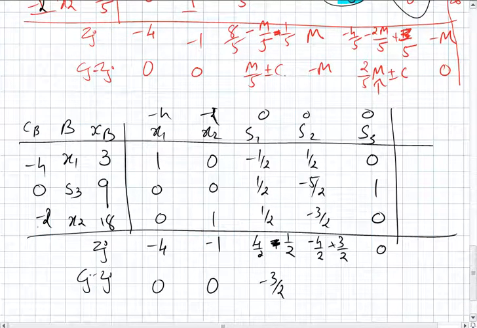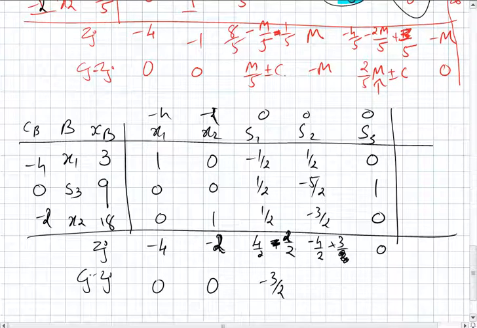Here it will be minus 2 times 2, it is minus 2. Minus 1 times 2, it is minus 2. Minus 2 times 1 by 2, it is minus 2 by 2. Here it is minus 2 times minus 3, plus 3, and here it will be 0.